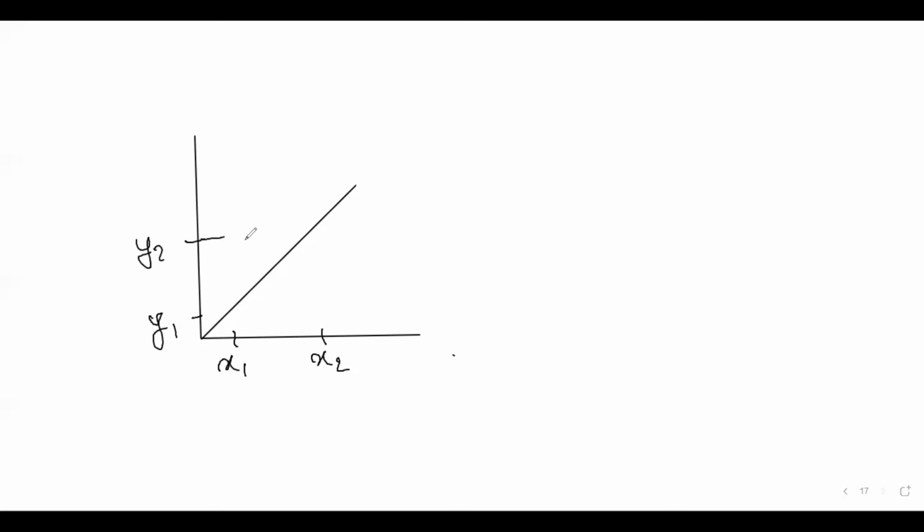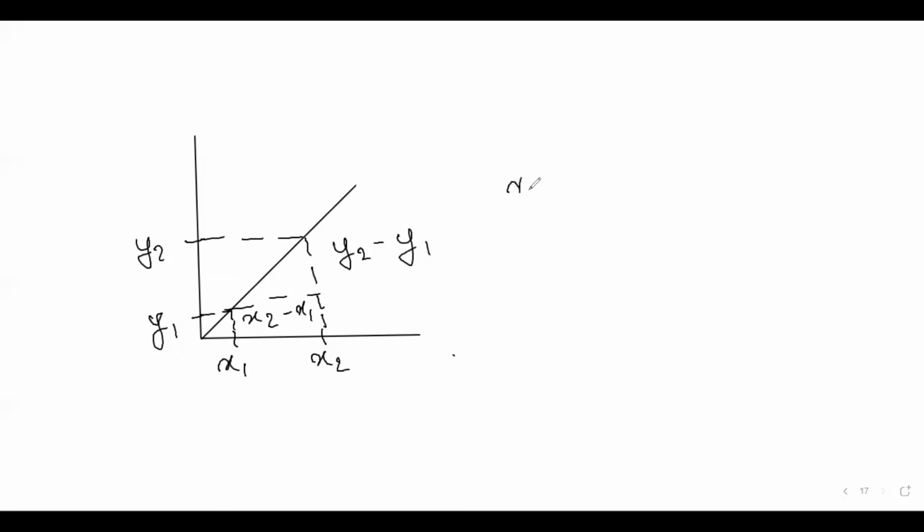Okay, so I can draw the dotted line like this. So here it will be x2 minus x1, and here it will be y2 minus y1.